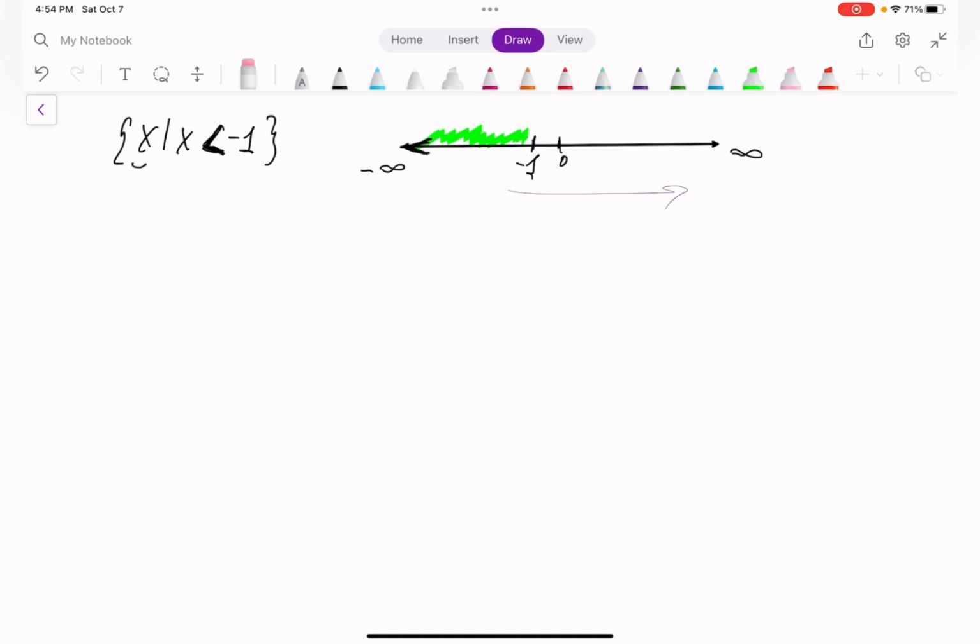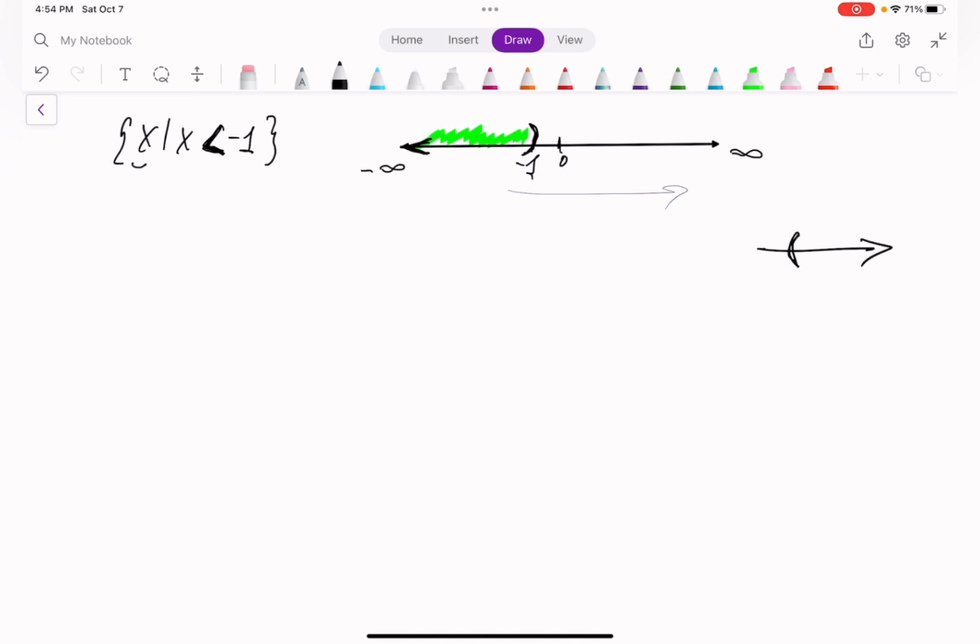So for less than, I put parentheses. If we have the equal sign missing, we always use parentheses. So for less than or greater than, for greater than, I would use parentheses this way because it would go greater than.